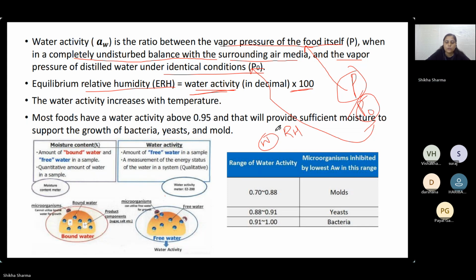In this particular area, which is very near to the food product, if the amount of water is less in the food, or if it is very high in the food, it is not the same as the surrounding air, so it will try to maintain the equilibrium condition, right?